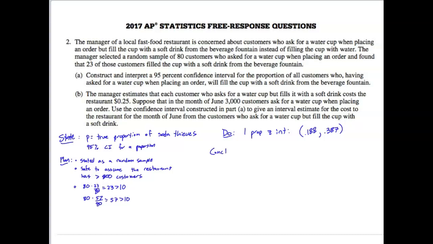And finally, we'll conclude. We're 95% confident that the interval from 0.188 to 0.387 contains the true proportion of soda thieves.